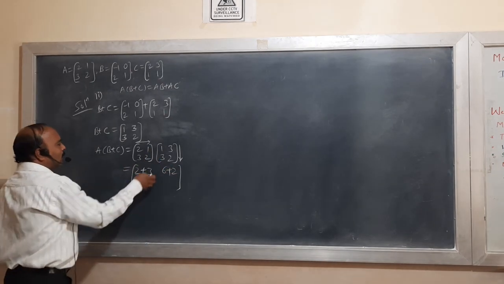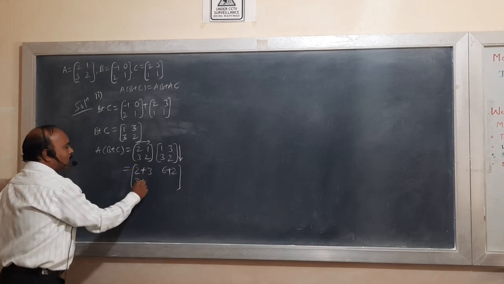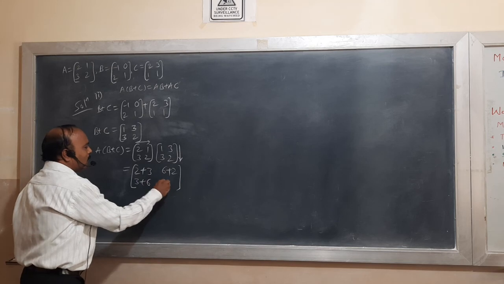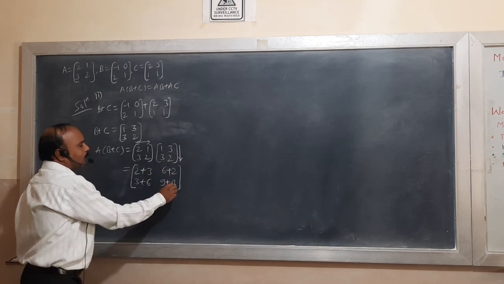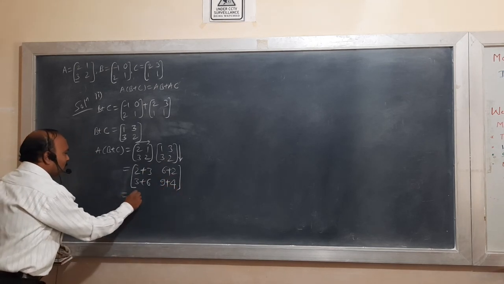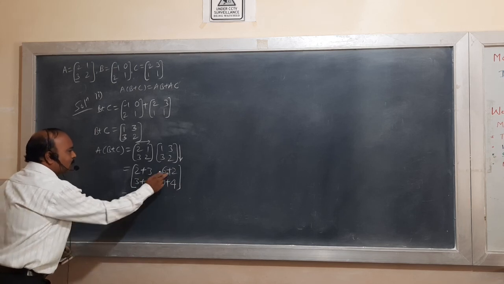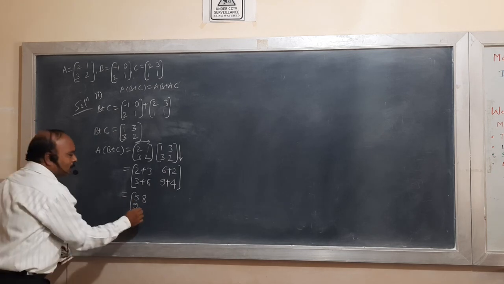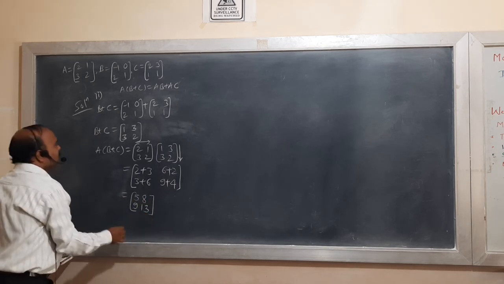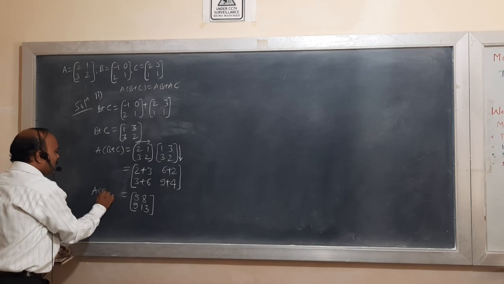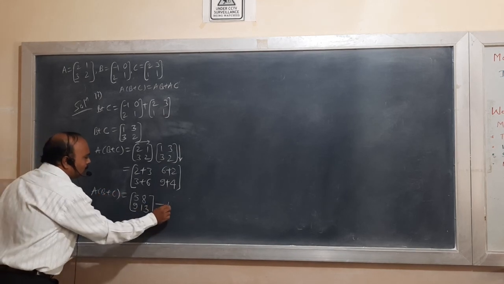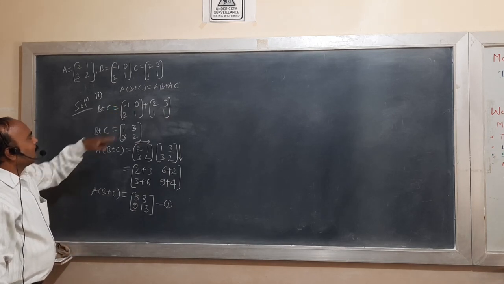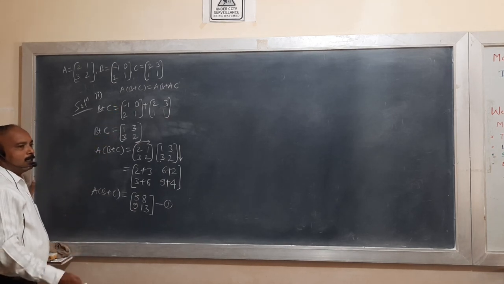Next, 3 into 1 is 3, plus 2 into 3 is 6. Next, 3 into 3 is 9, plus 2 into 2 is 4. So the answer is 5, 6 plus 2 is 8, 3 plus 6 is 9, 9 plus 4 is 13. Now it is the value of A into B plus C. Call this 1.